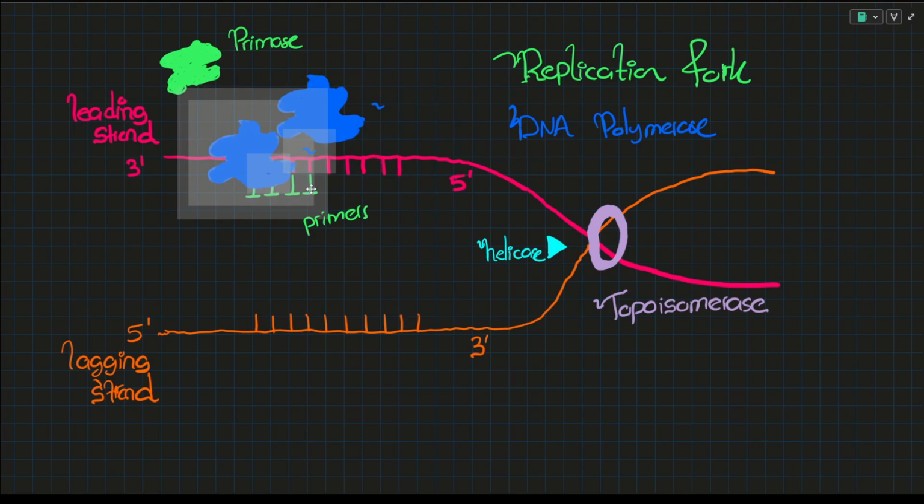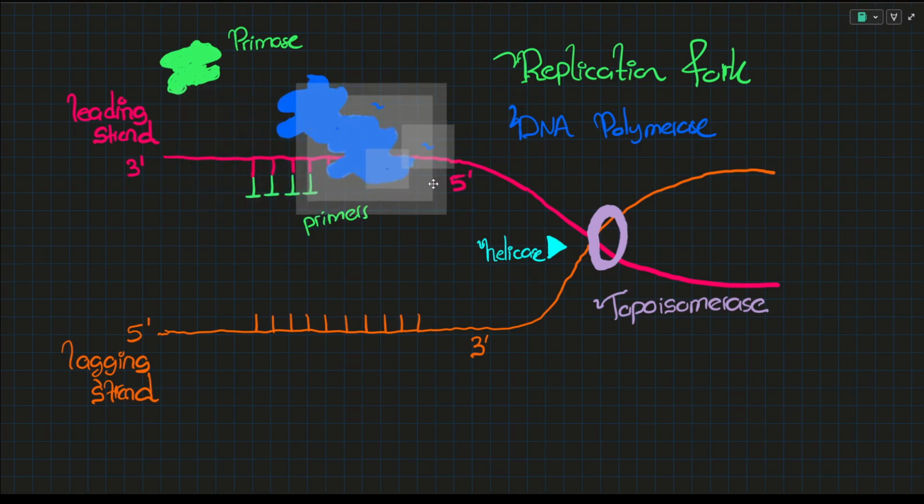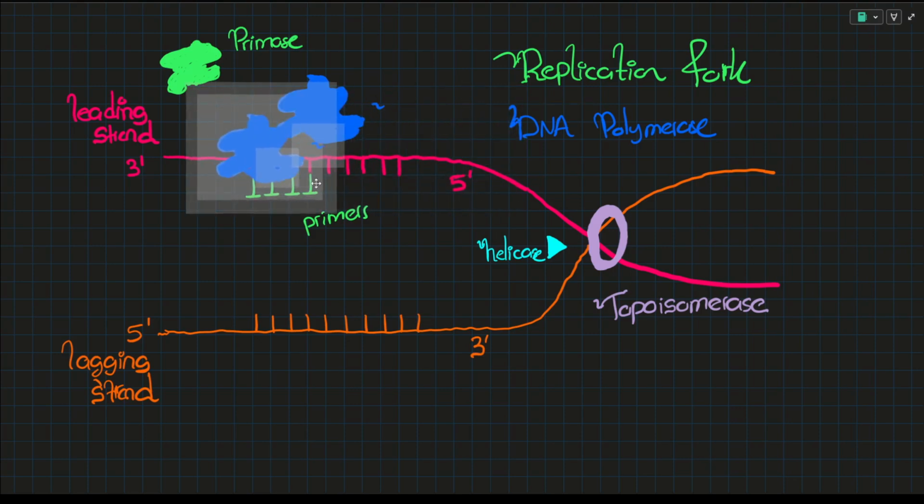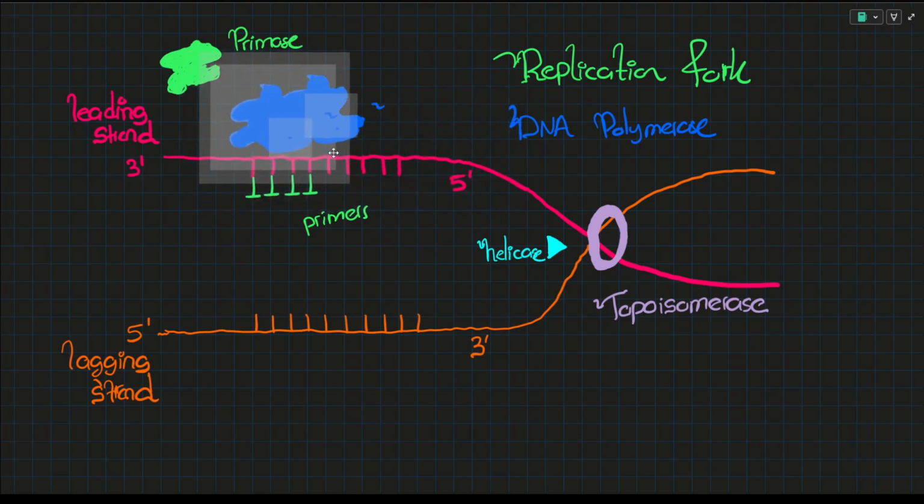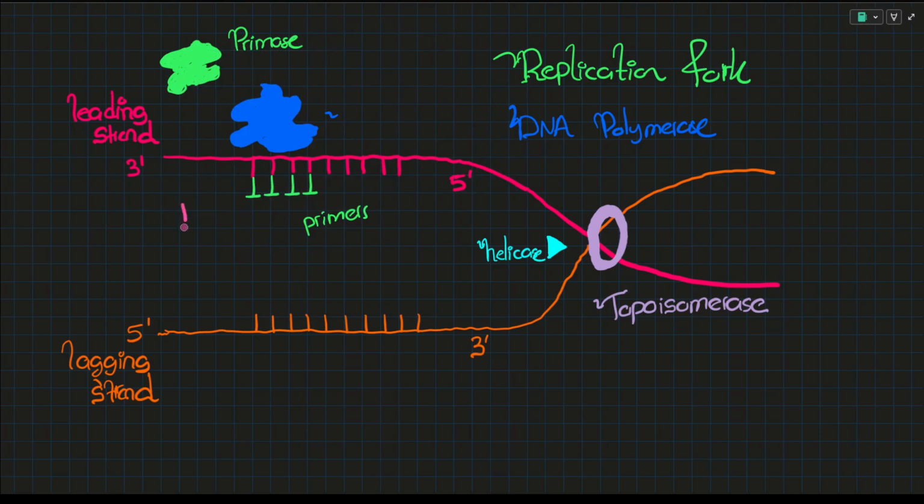DNA polymerase is going to go down this way. While it's going down that way, it will be adding nucleotide bases, DNA bases. The primers will be replaced.